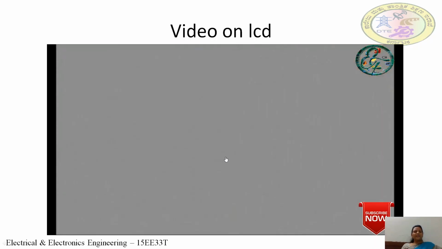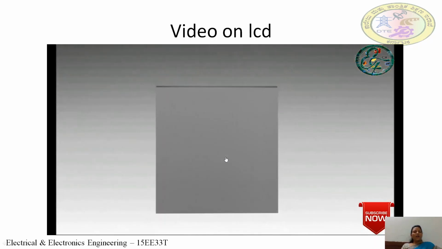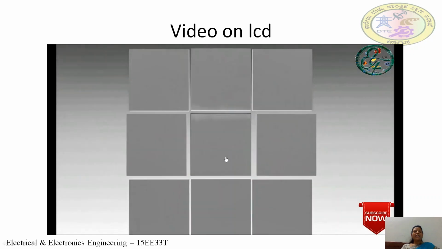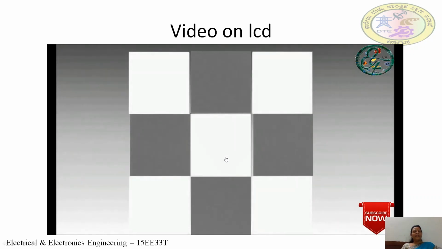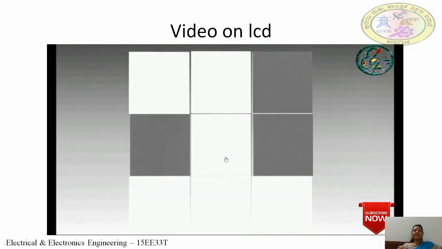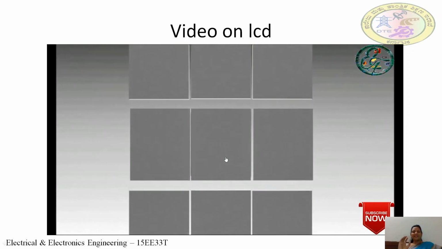So this is just one single cell. When you put thousands of such cells together, it will form a complete display. By switching the relevant cells on and off, you can have different images produced on the display.